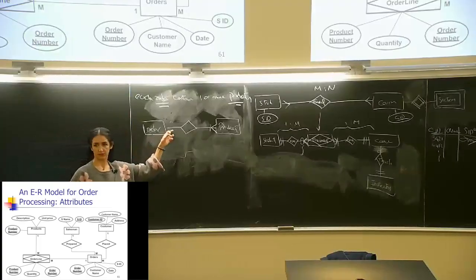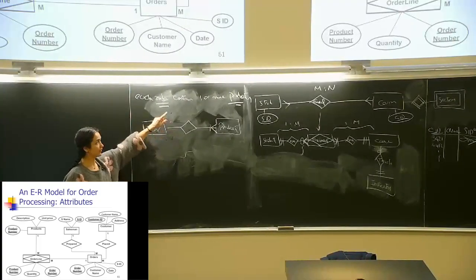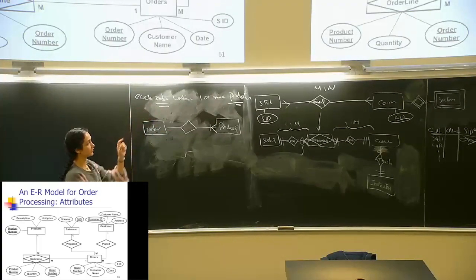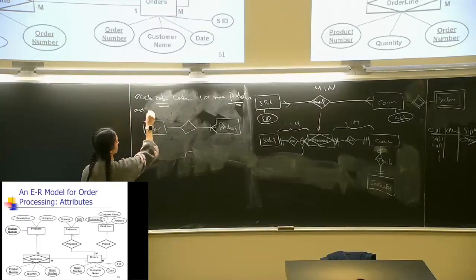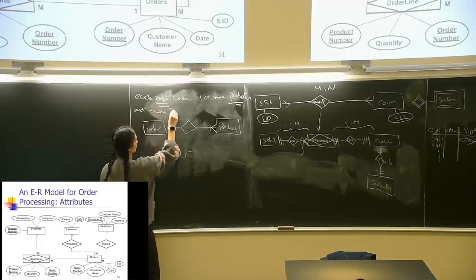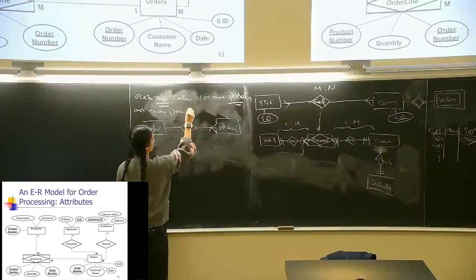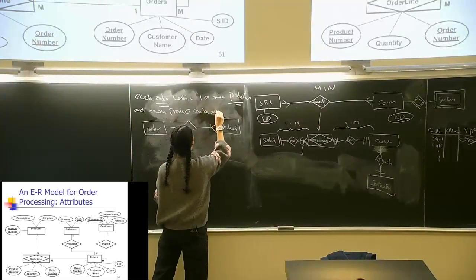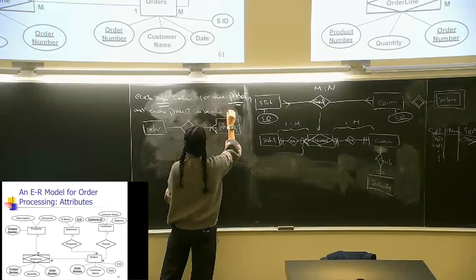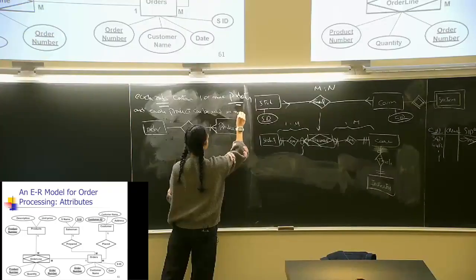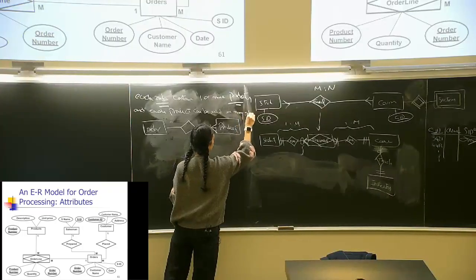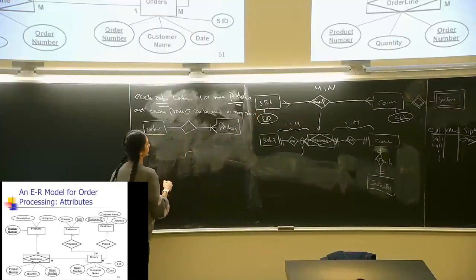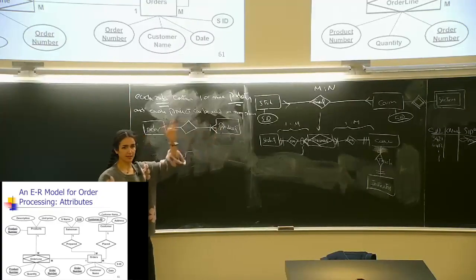What about this part? You have to complete your rules, and each product can be included in, or appear in, one or more orders. Let's say you do grocery shopping.